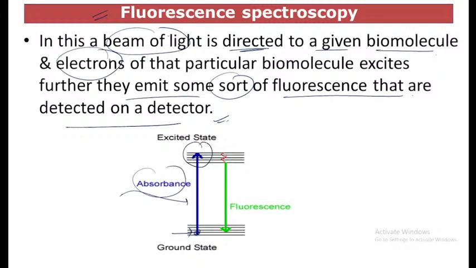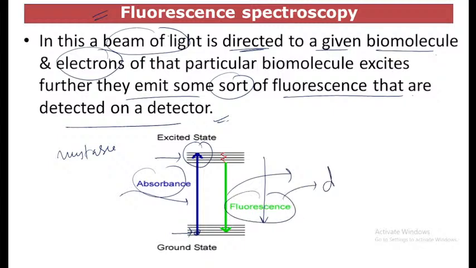But this excited state is unstable. So after the electron becomes very unstable, it moves back towards its ground state, at which it emits some fluorescence, and this fluorescence is what we analyze as the final product that we have.